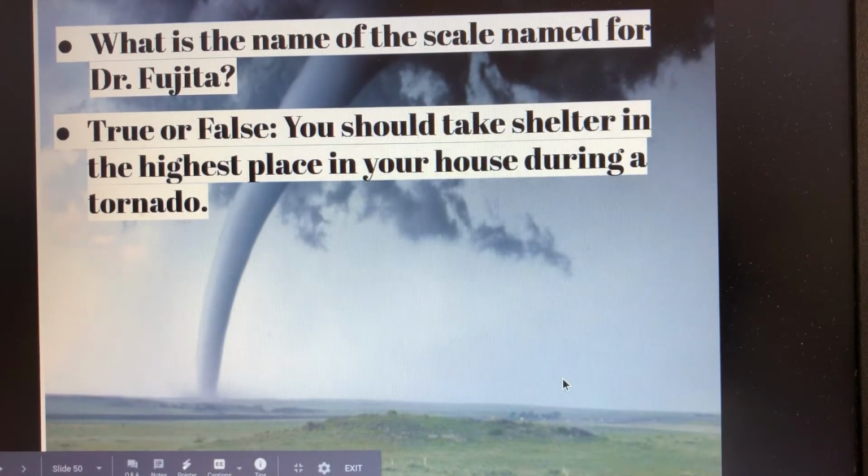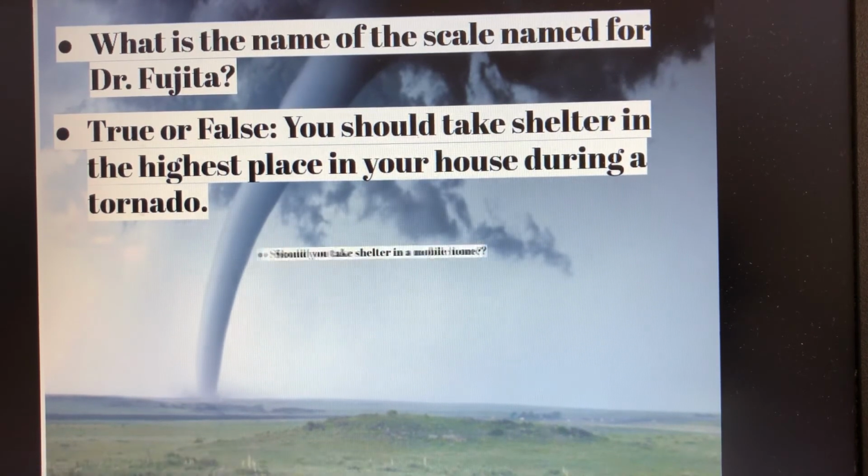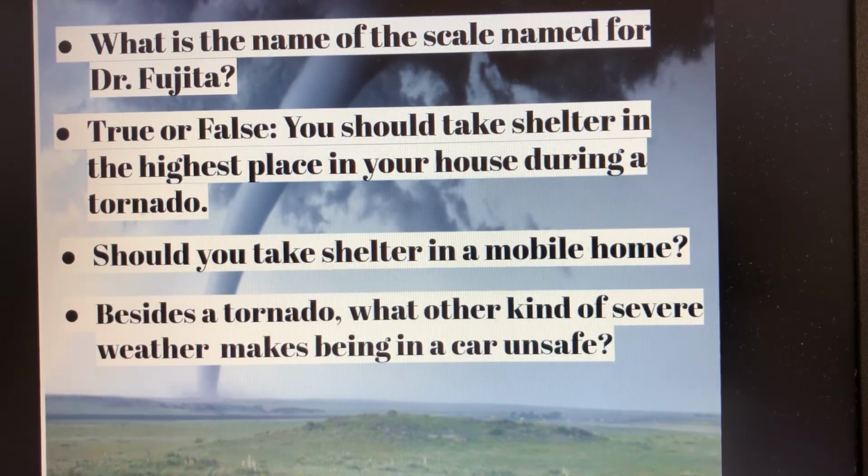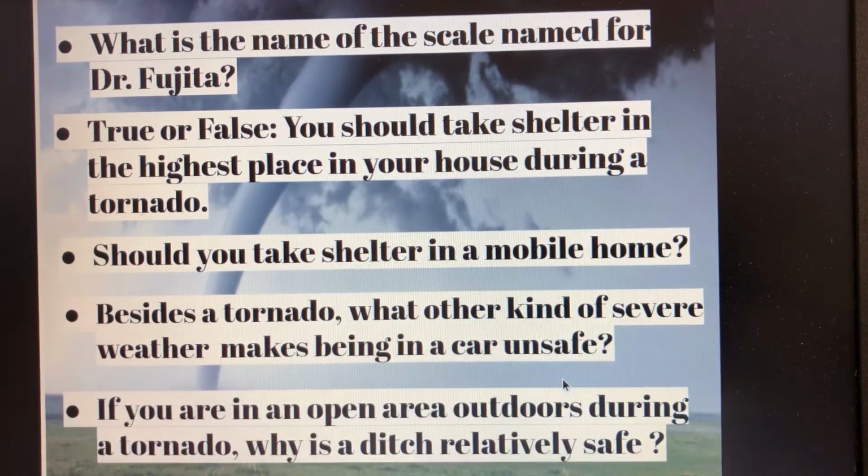True or false, you should take shelter in the highest place in your house during a tornado? Should you take shelter in a mobile home? Besides a tornado, what other kind of severe weather makes being in a car very unsafe? And if you're in an open area outdoors during a tornado, why is a ditch relatively safe?